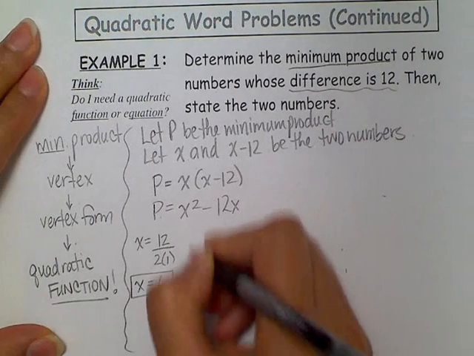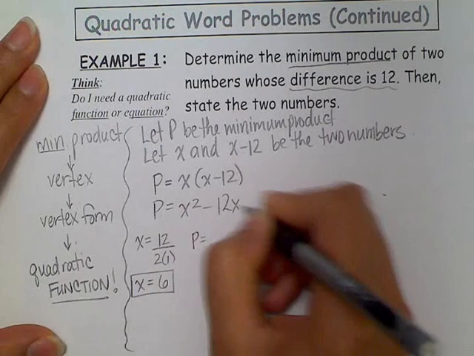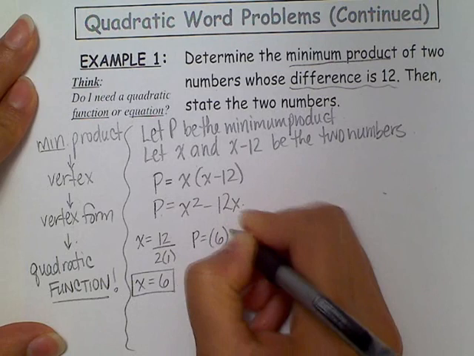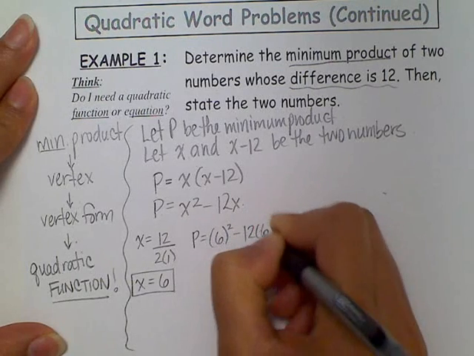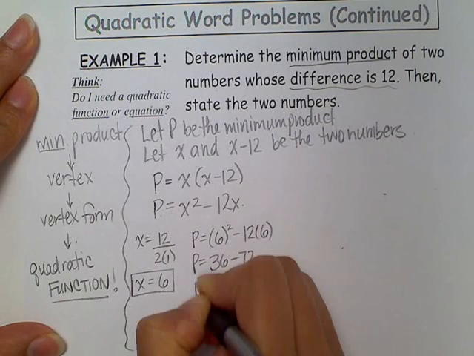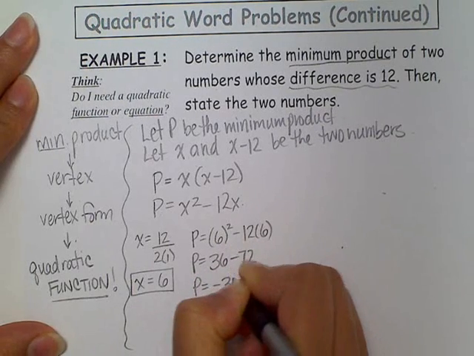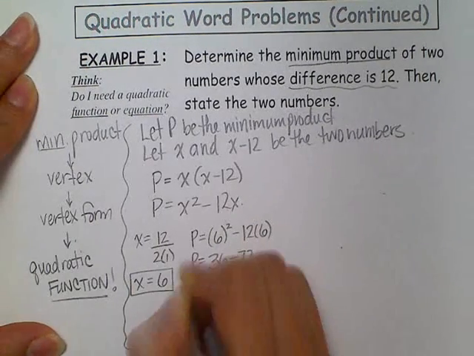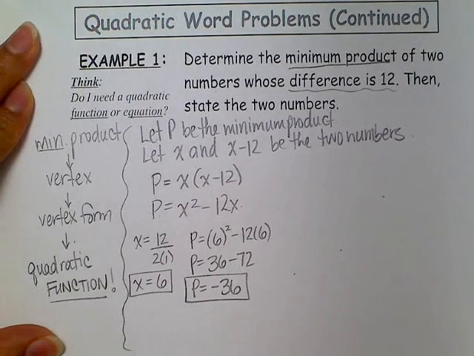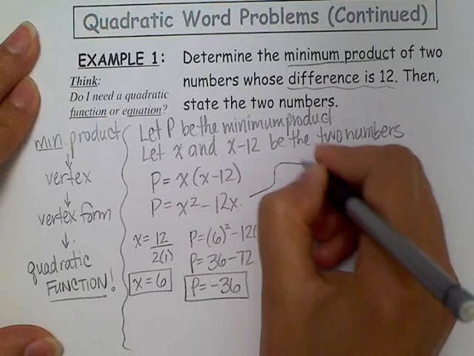Now to find the minimum product, which is the first thing that the question asked for, all I'm going to do is substitute this back into the function that I created and solve for P. And so what I get is 36 minus 72, which means my minimum product is negative 36. Okay, so this value here tells me what my minimum product is.